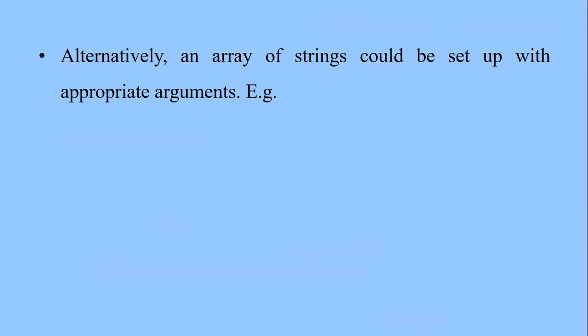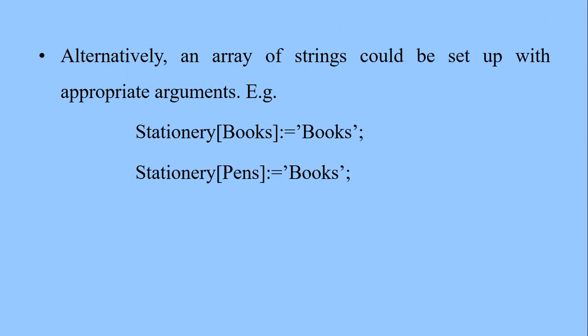Alternatively, an array of strings could be set up with appropriate arguments. For example, assign constant books into the position held by books in the definition. So, assign books in stationary at the index for books. Assign pens into the memory location at the position for pens.